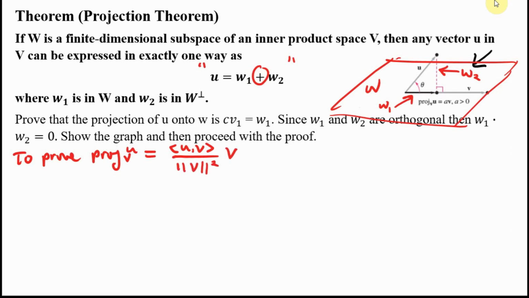That's what we're trying to get. Now that denominator is just when you square that norm, you just get the inner product of v with v. So that kind of looks like more so how the author of this book writes it. So we're trying to prove that. That's what we're trying to end up with, right?